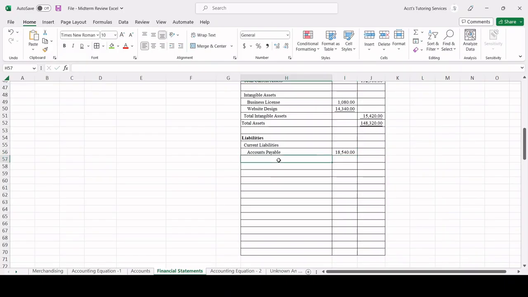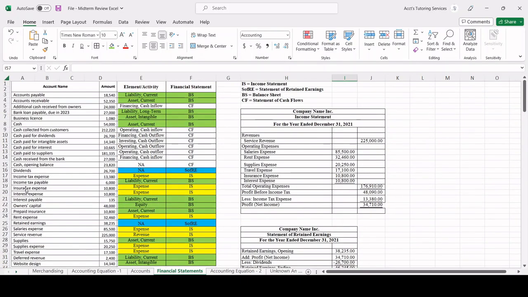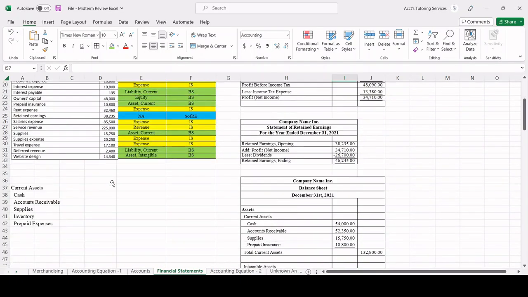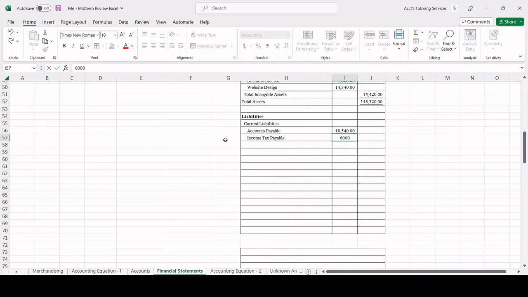And then we're going to have income tax payable. 1, 2, 3, 4, 5. Income tax payable, which is going to be 6,000.